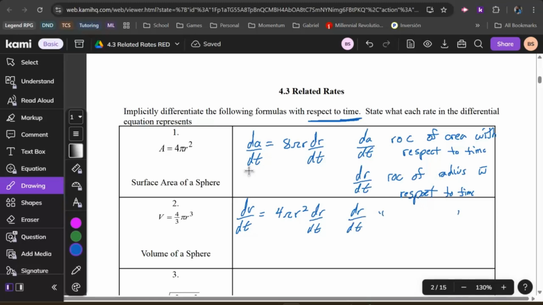This one's going to be exactly the same, the ROC of the radius with respect to time. And dV/dt, on the other hand, is new, so let's write out what that one is. dV/dt is going to be the rate of change of volume with respect to time.